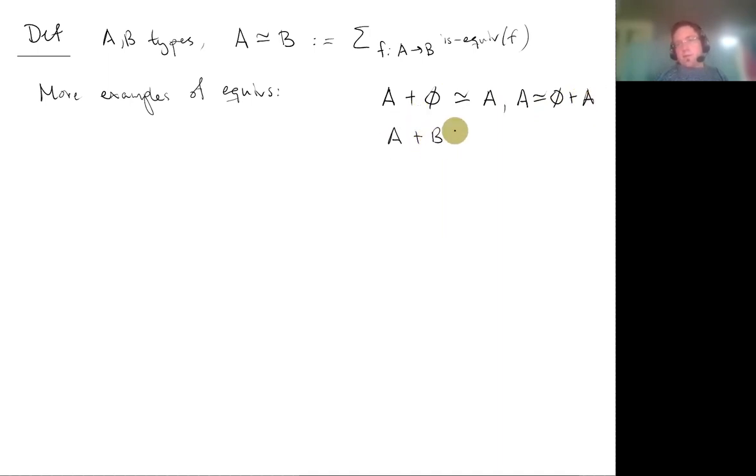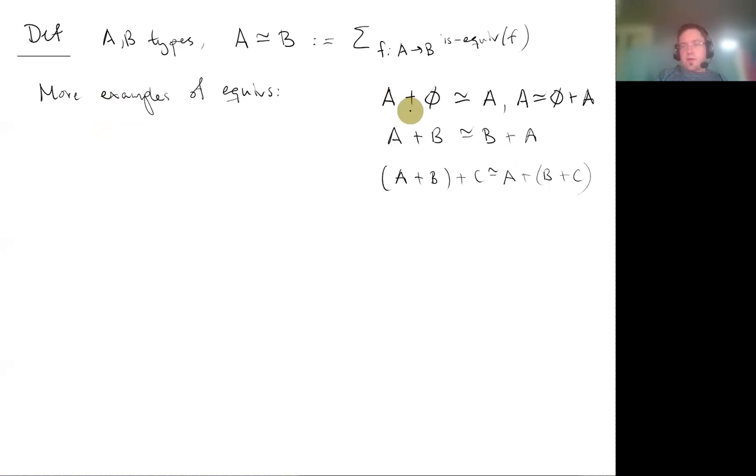We have an equivalence A plus B is equivalent to B plus A. We have this kind of associativity of plus on types. You can define all of these very easily, and I encourage you to do so for any you're curious about.